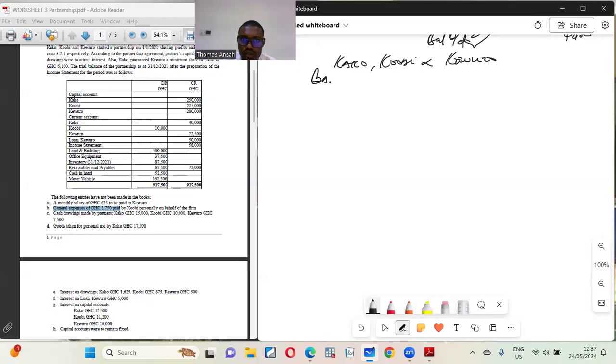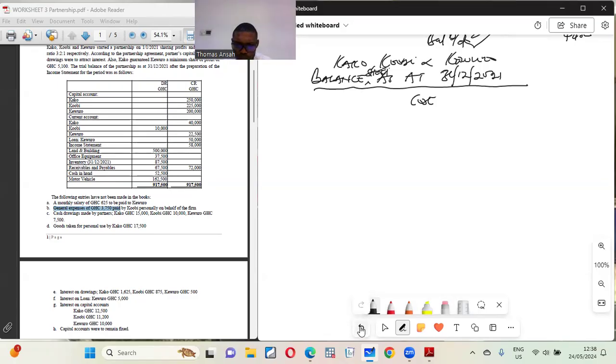Balance sheet as at 31st December 2021. All right. So we have cost, accumulated depreciation. Do we have all those things in this question? We don't have that. So I think we are giving the net book value straight.